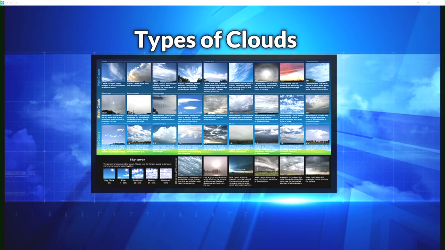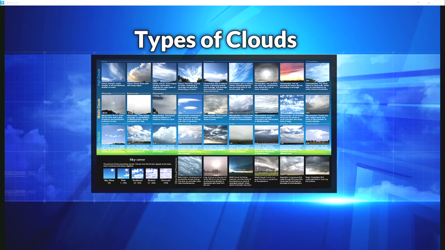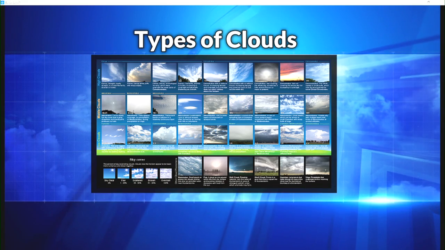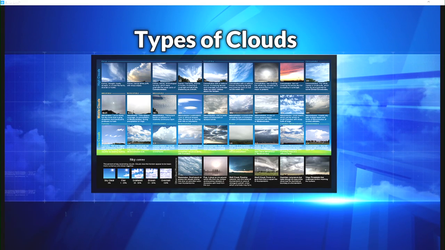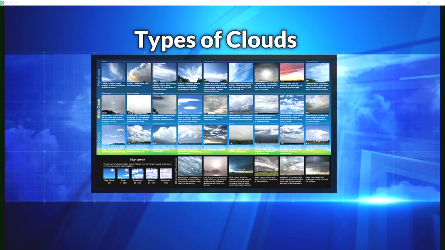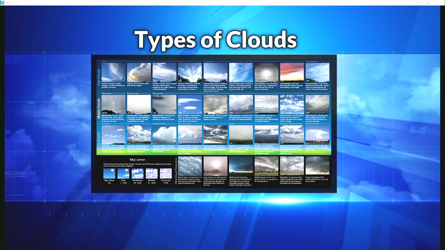Like Tom said, there are dozens and dozens of them, a lot of subsets. What you see there are just the basics. We have other cloud names that I can't even pronounce. Don't know my Latin too well. Cumulus castellanus. I've always enjoyed those kind. But those are some of the basics.